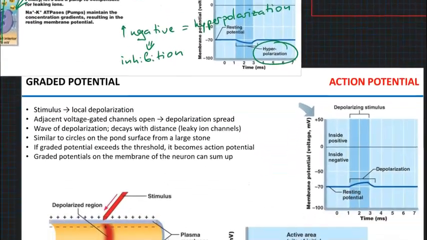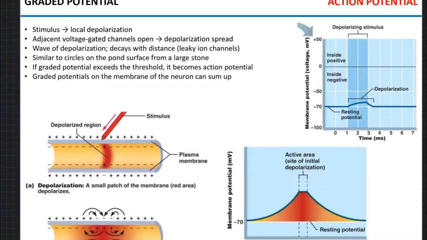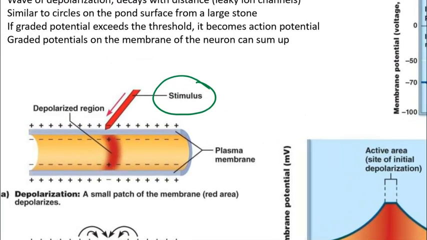So now let's take a look at the idea of a graded potential. This right here is a stimulus. What type of stimulus? None of our business. It can be a neurotransmitter, an electrical signal, or a mechanical signal. The point is that this stimulus opens sodium channels.